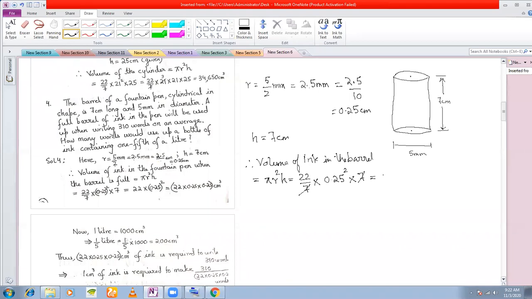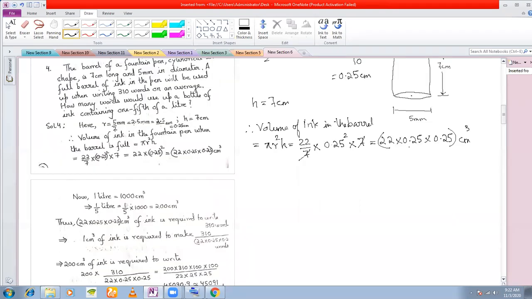These two cancel off. So we simply get 22 into 0.25 into 0.25. Let us keep it as it is. There is no point multiplying, because it is better to leave it this way, because this is not our answer. So we have got this in centimeter cube. So this much centimeter cube of ink was there in the barrel.